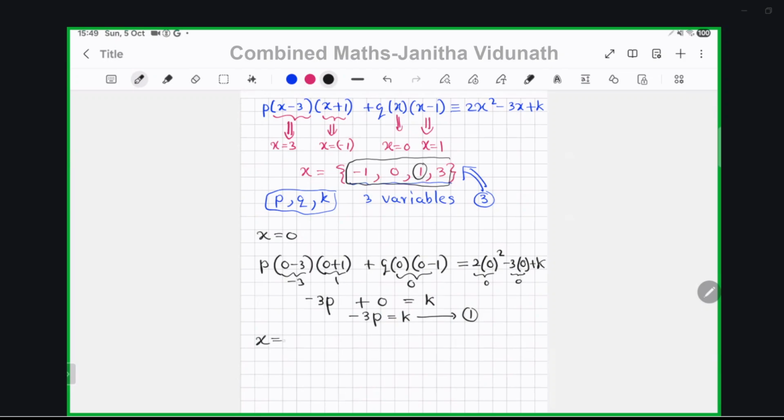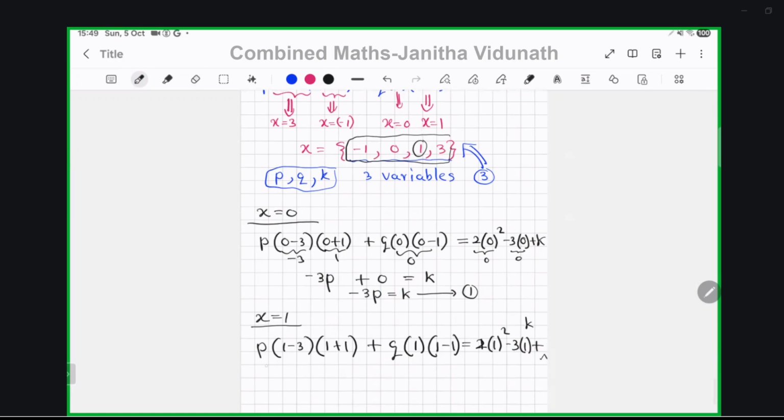Then when we plug x equals 1, we get p times 1 minus 3 times 1 plus 1, plus q times 1, 1 minus 1, is equal to 2 times 1 whole square minus 3 times 1 plus k.